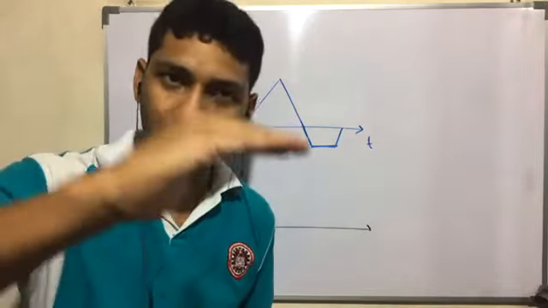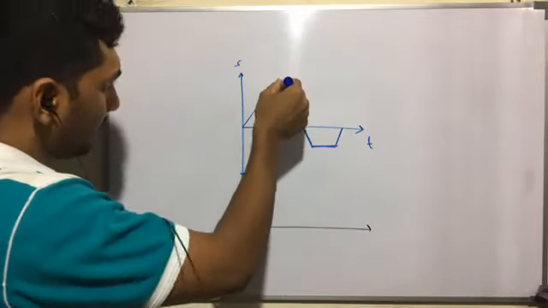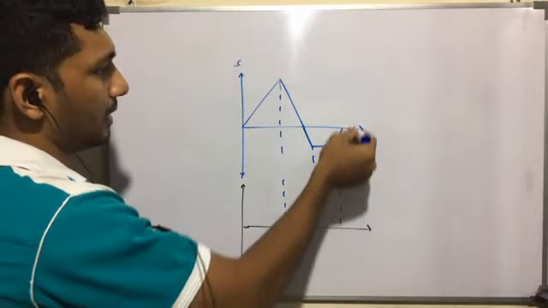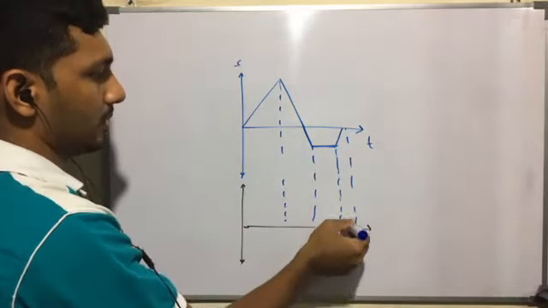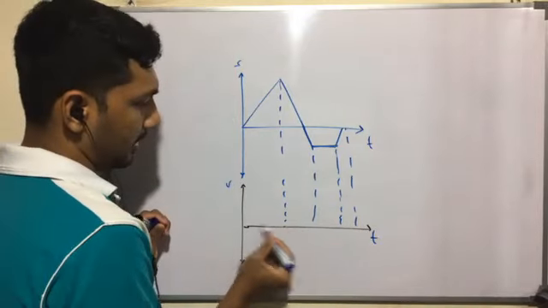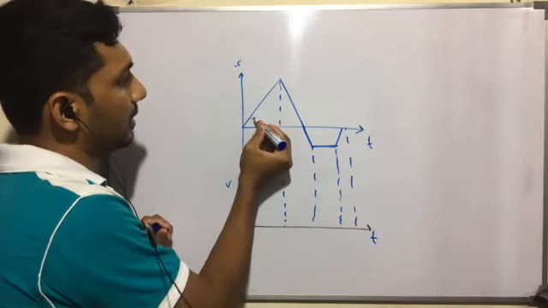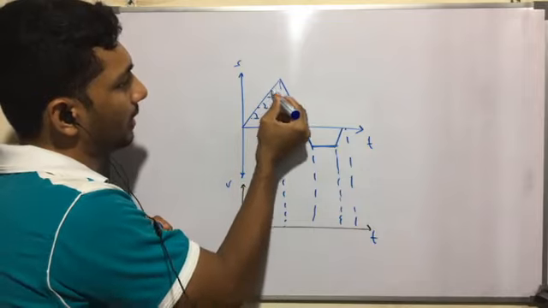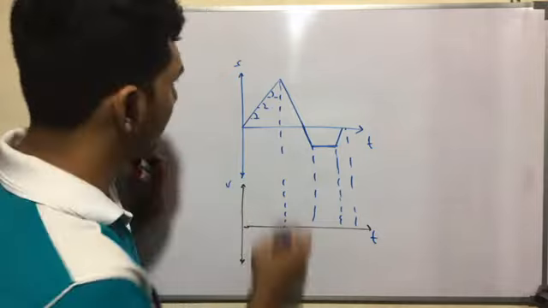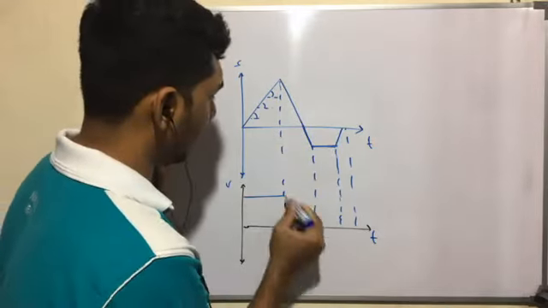The velocity is constant. So in this part, in this part, what about the velocity? In this part, as you see, it is an acute angle, right? Positive gradient, constant. So you draw like this.